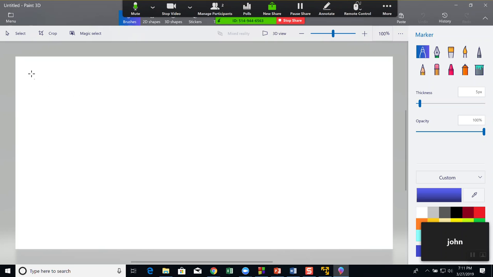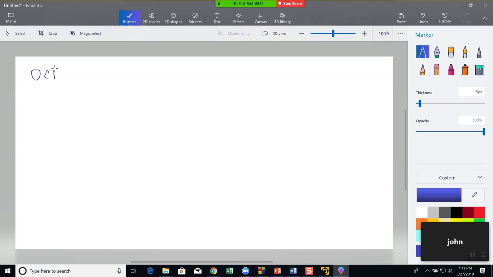Now, octal. First off, decimal is what we're used to working with, 35, for example. Octal is the digits.